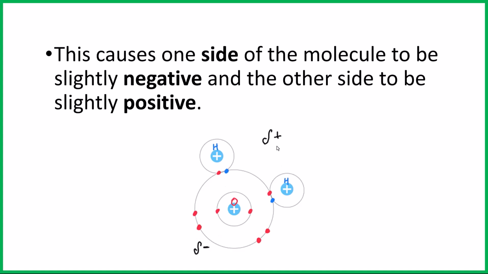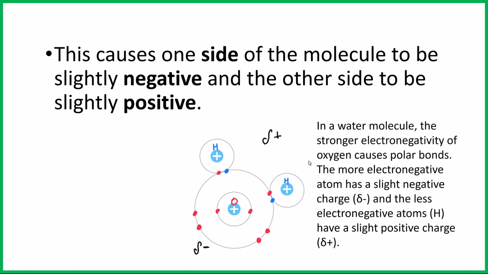And then this side of the molecule is going to be slightly positive. And that's the reason that water molecules stick together, creating some of the properties that are unique to water. Because the slightly positive side of one water molecule can be attracted to the slightly negative side of another water molecule, which causes things like surface tension and the ability for water to creep up little tubes like in plant stems. And you'll learn more about that soon.